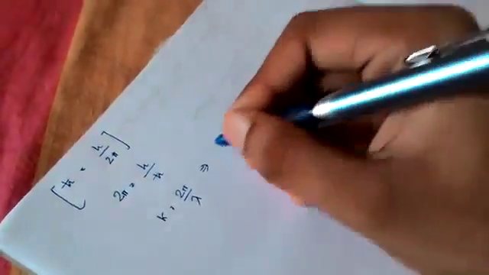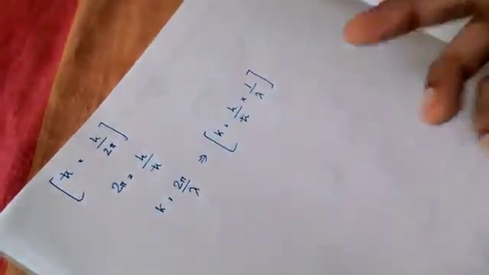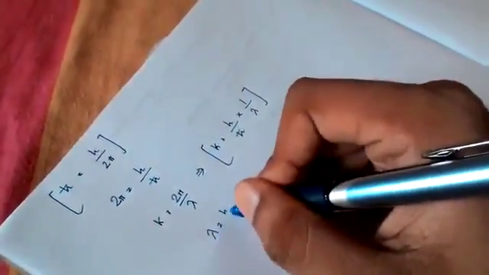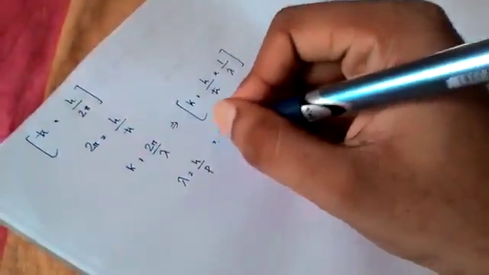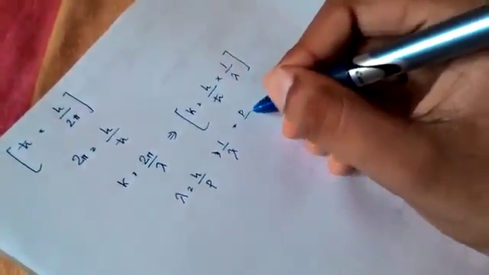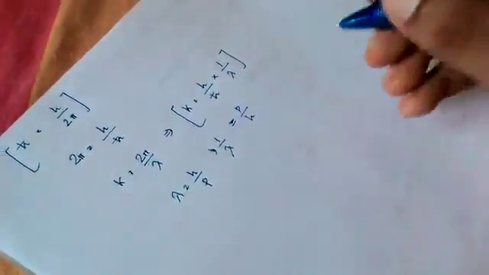From the de Broglie relation, 1 by lambda equals p by h.